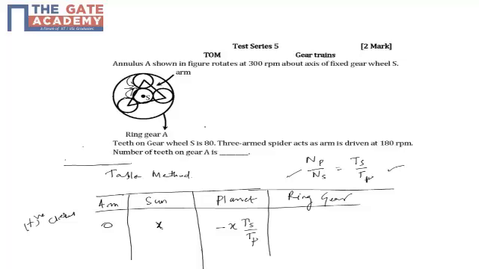When the planet rotates anti-clockwise, the ring also will rotate anti-clockwise, because the ring has internal teeth. Applying the same relation between planet and ring, the speed of the ring will be the speed of the planet into teeth on the planet by teeth on the ring gear. The sign will not change, because the planet as well as the ring revolve in the same direction.